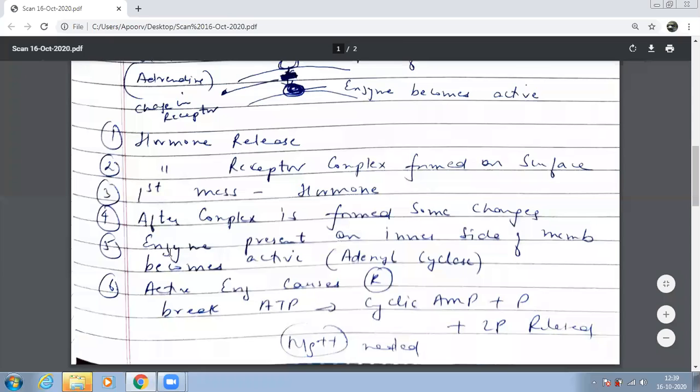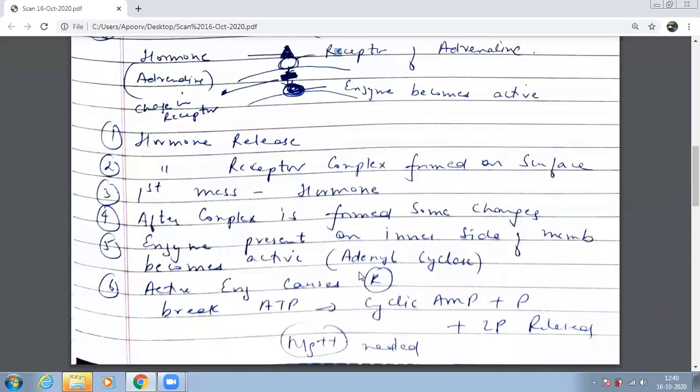The enzyme present on the inner side of the membrane now becomes active. If I'm talking about the hormone adrenaline, then the enzyme is called adenyl cyclase. Name the enzyme. Adenyl cyclase.